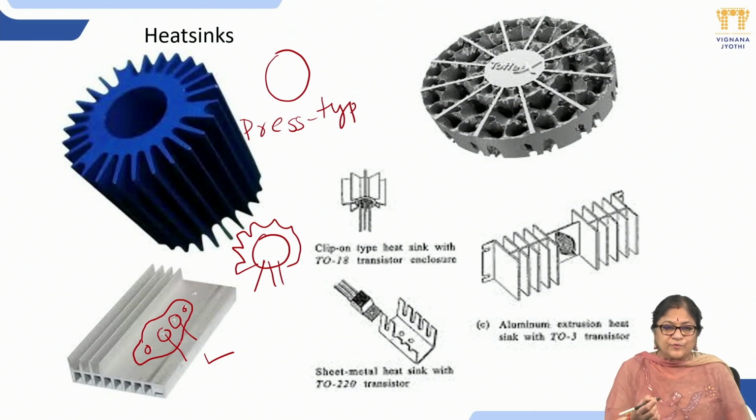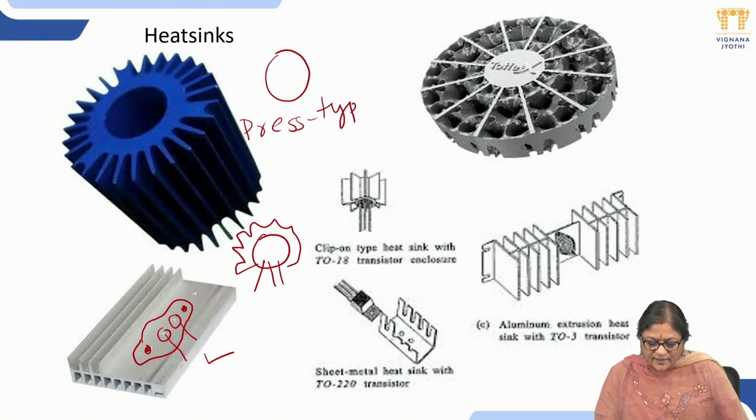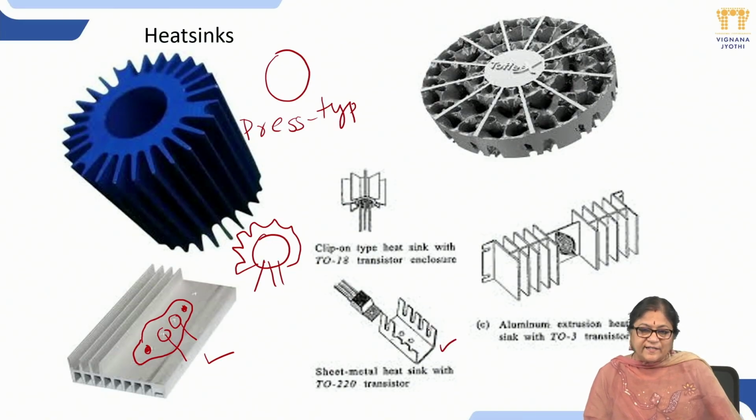These 2 pins should be soldered on the heat sink body, and these are the screws where we have to fix it on the body. This is for smaller transistors. On both sides there are fins available, and you have to keep your transistor in the center.